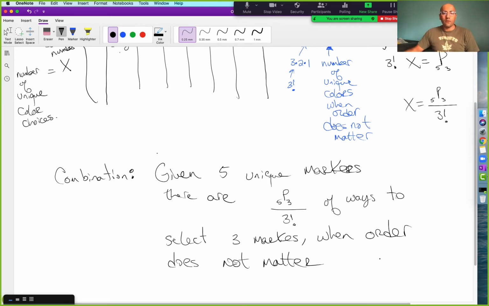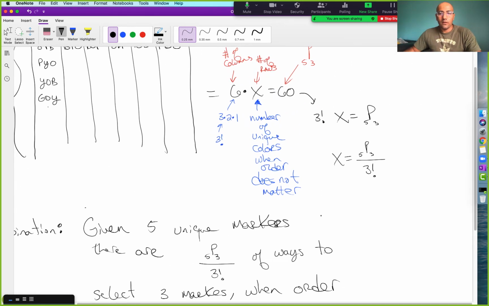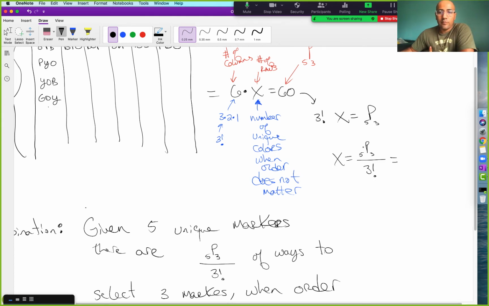Good. Okay, so how do we simplify that? Well, from here we could see that it's just going to be 60 divided by 6, since permutations of 5 choose 3 is equal to 60. But let's follow the formula.